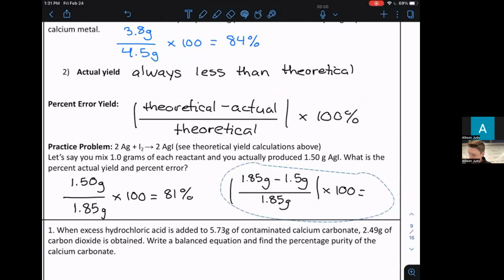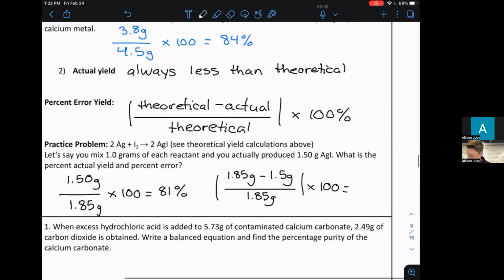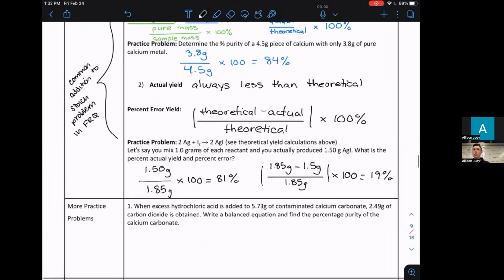And this will give us an error of 18.9%, or we can go to 2 sig figs and say 19%. So we were 19% off.